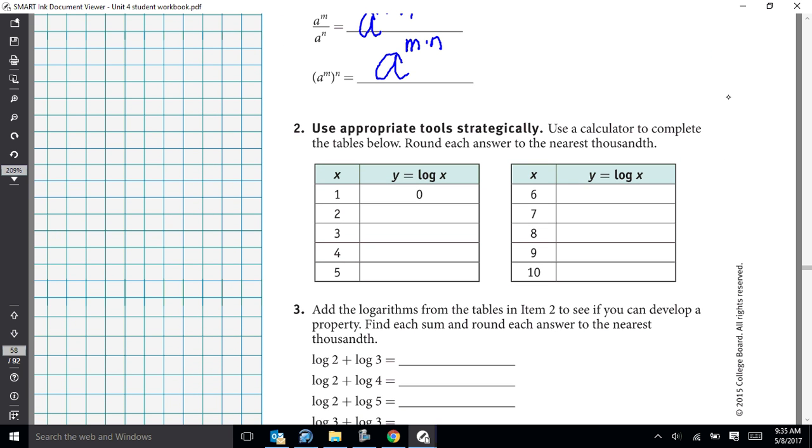So on your calculator, if you do log of 1, what do we get? You get 0.